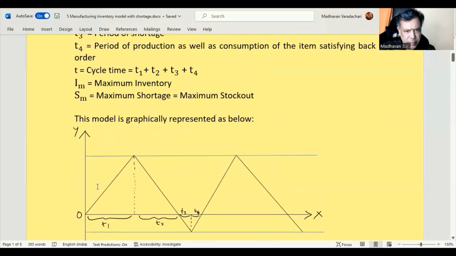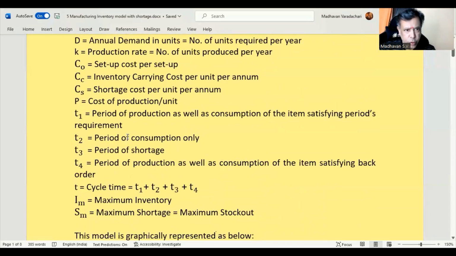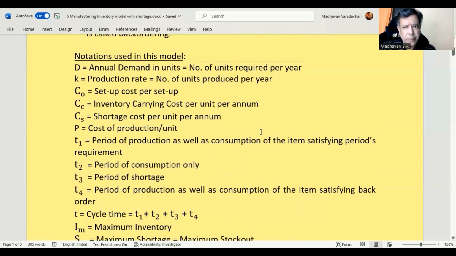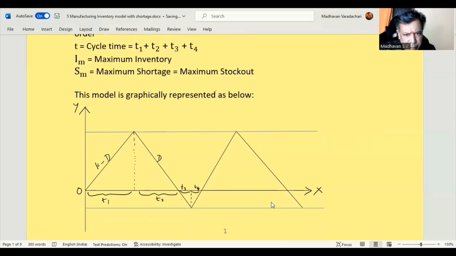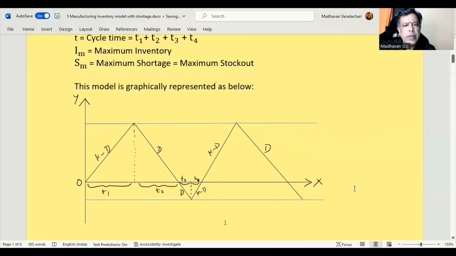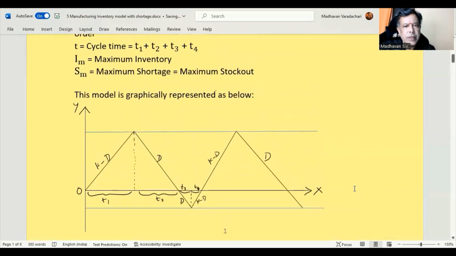So we produce at that rate and we consume at the rate D. So that means overall the rate will be K minus D. In this portion of time, that is T2, we only consume at the rate of D. And here this gets continued. And here it will be K minus D. This is also K minus D and this is D. So that is the way the model is represented.